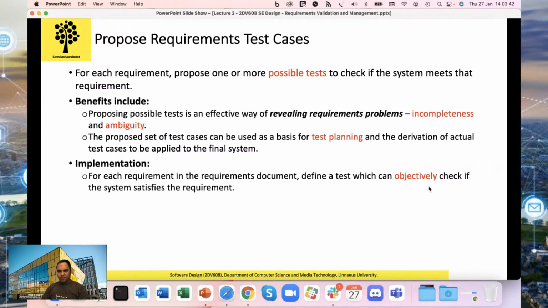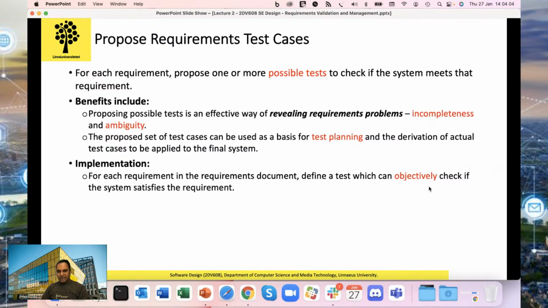For example, one requirement can be: I want an authentication system that allows a user a maximum of 3 tries, and once he fails 3 times, the account should be blocked.